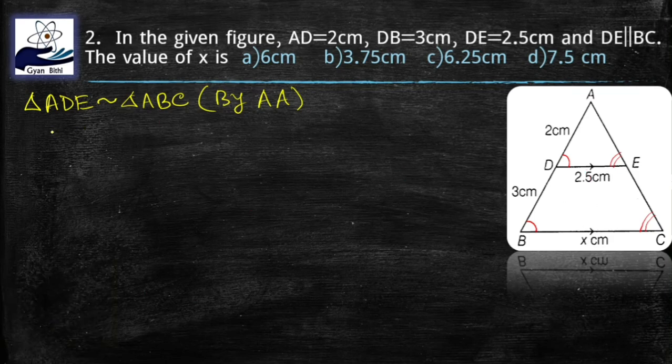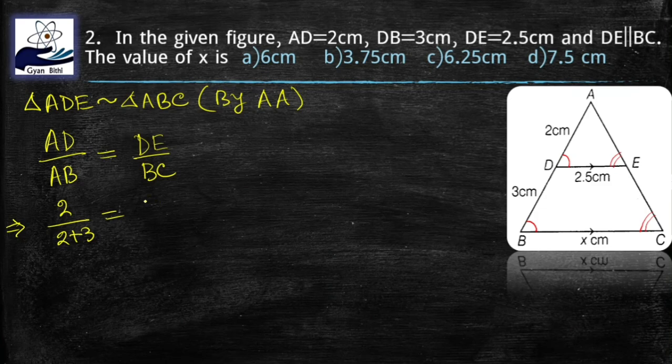Now you can write AD by AB is equal to DE by BC. Put those values. AD is equal to 2, AB is equal to 2 plus 3, DE is 2.5 and BC is x, right?